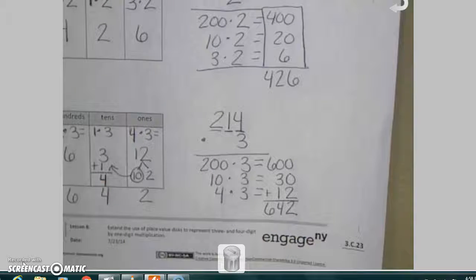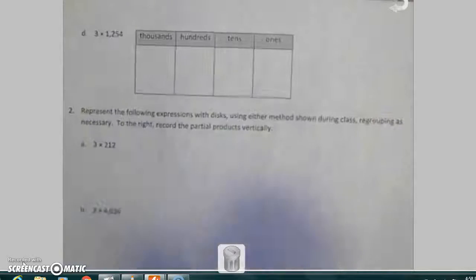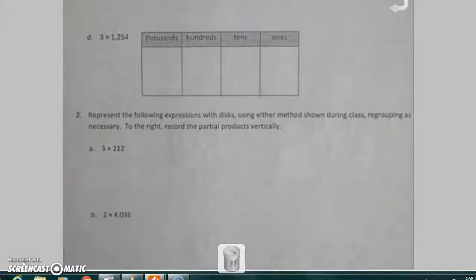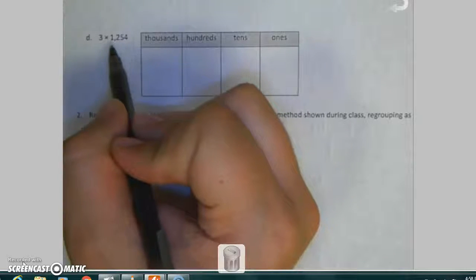Again, if I'm going too fast, feel free to rewind or pause to catch up. Now let's go on to an even larger number. The thing here is, even though our number is larger, the process is still the same.